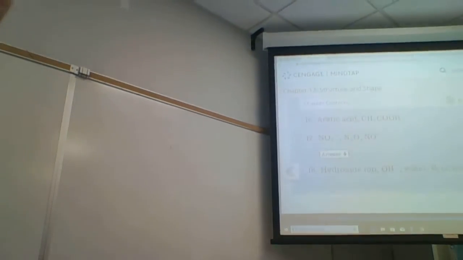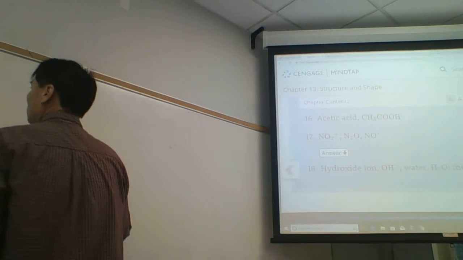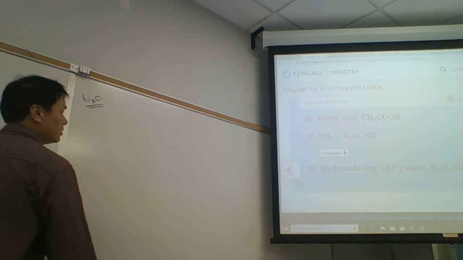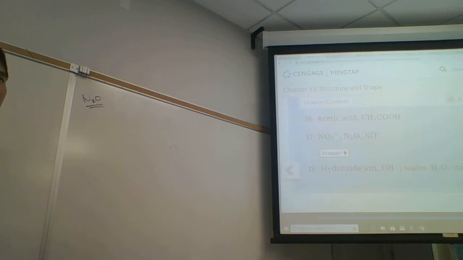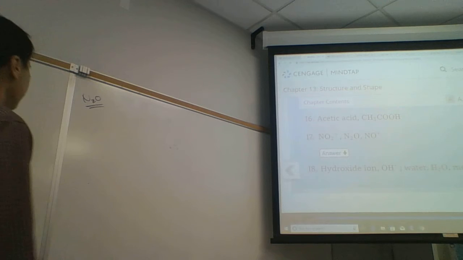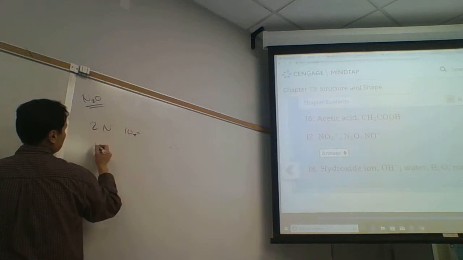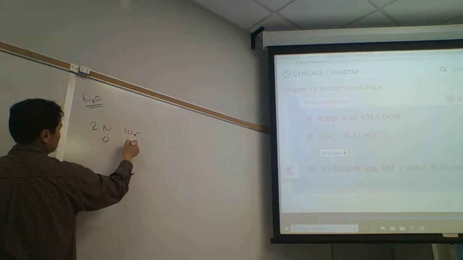All right, let's do N2O. N2O is nitrous oxide or dinitrogen monoxide. It's a molecular compound. And so doing N2O, we'll do the same way. 2 nitrogens, 10 electrons, and then 1 oxygen is 6 electrons.